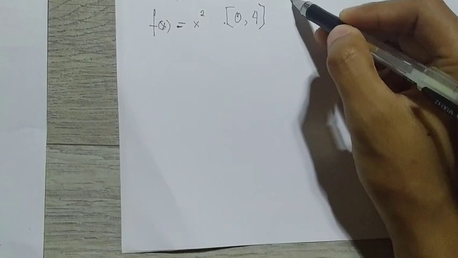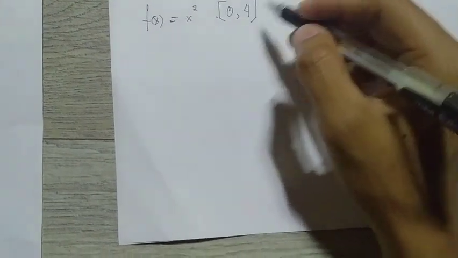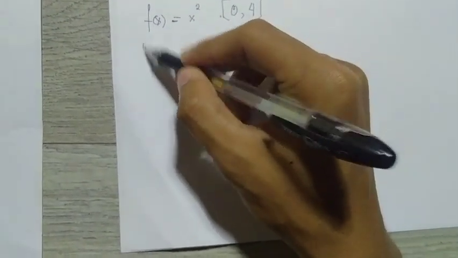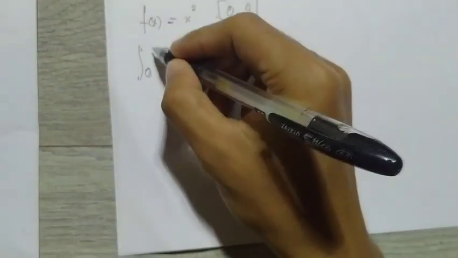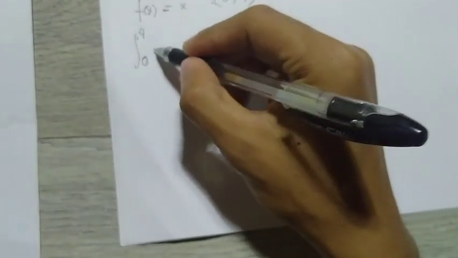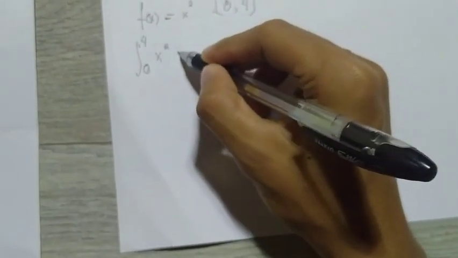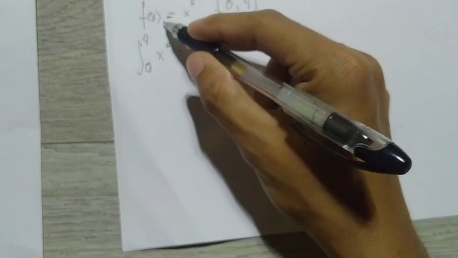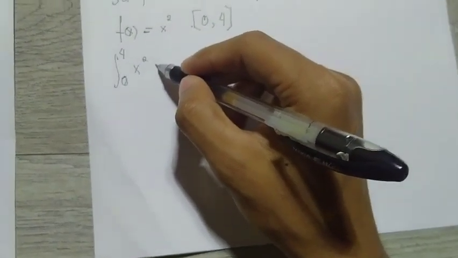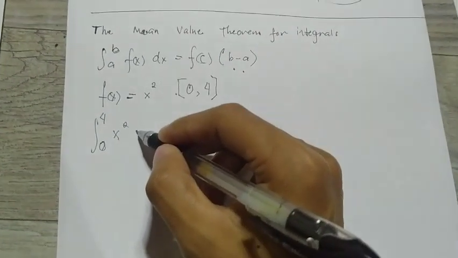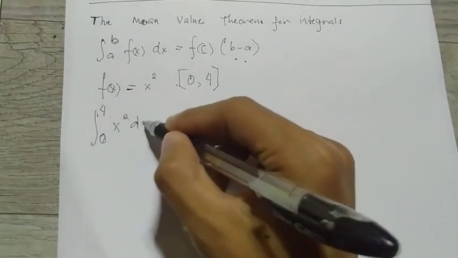We have this formula: a is 0 and b is 4, and f(x) is x squared. So let's substitute the value into the integral of x squared dx.